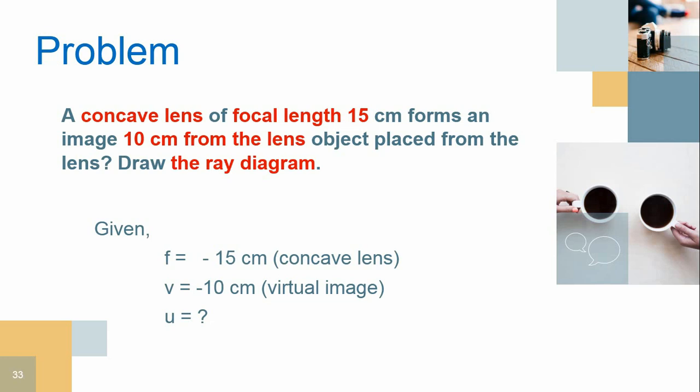The image is formed 10 centimeter from the lens, in front of the lens, so V is equal to minus 10. Minus indicates the image is formed on the left side of the lens, and we need to find the value of U, that means the object distance, and draw the ray diagram.